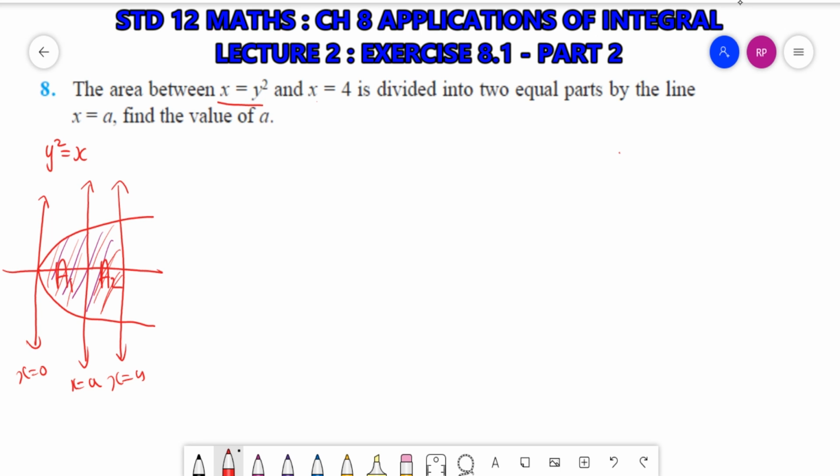Okay, both are equal. Now see here, if I just take the above region, this one, let's name this as a1, let's name this as a2.